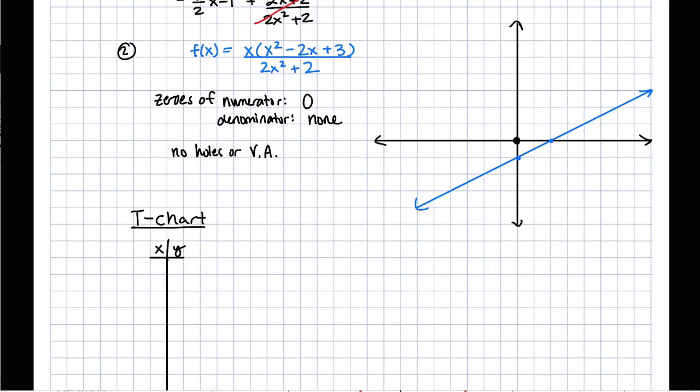Let's plug in -5, and that'll give us something on that side. And let's plug in positive 5.